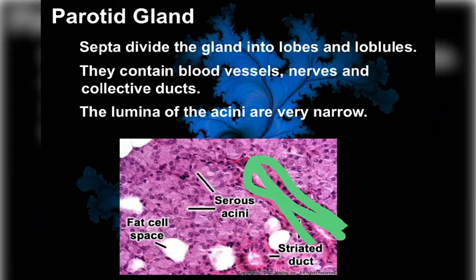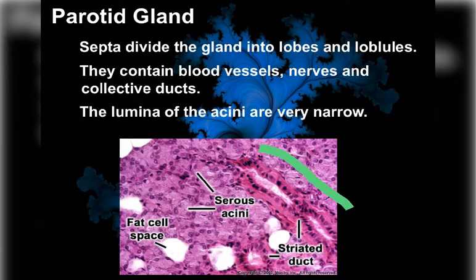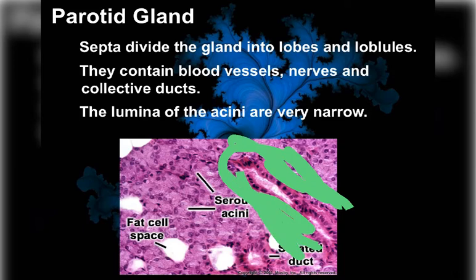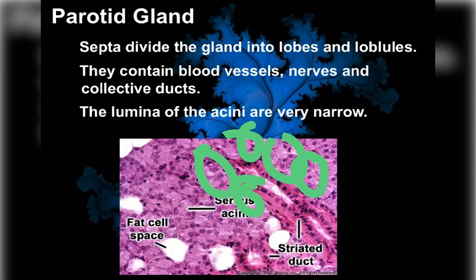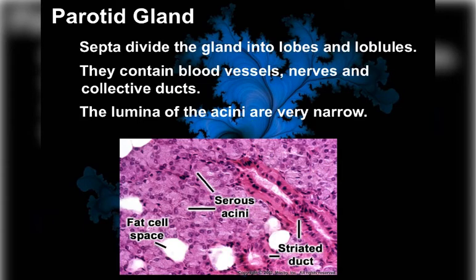What we can say about this duct, it's intralobular because it's not surrounded by a substantial amount of connective tissue. We don't find substantial amount of collagen fibers around it. This means that this duct is surrounded by secretory end pieces, meaning we are inside the lobule. This is an intralobular duct.